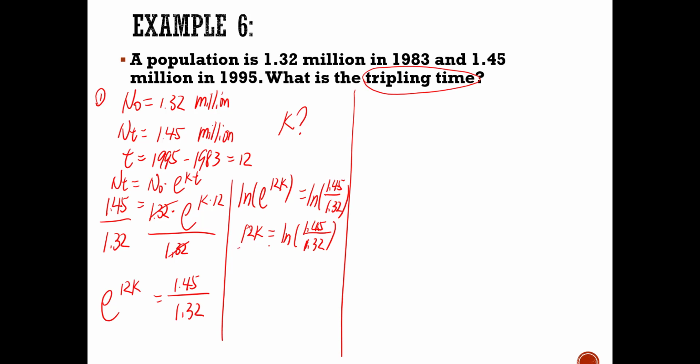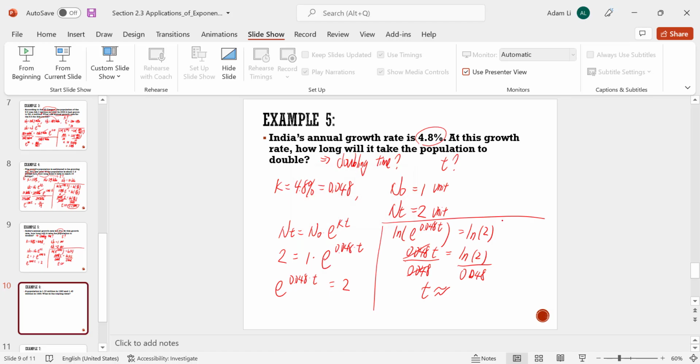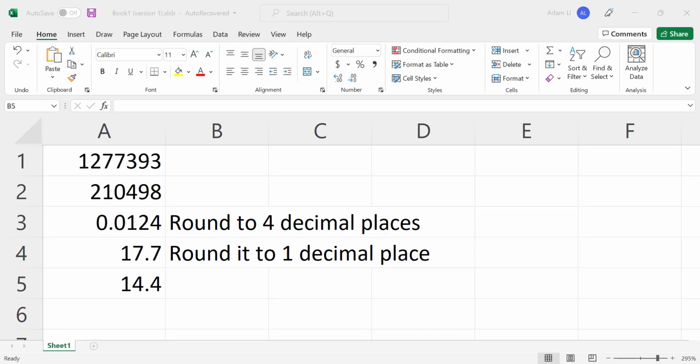Here we're dividing 12 from both sides of the equation, and we get k. And the important thing is, since k is not a final result yet, we're going to keep as many decimals as possible to make sure it's accurate when we figure out the tripling time. So this is important. Keep that in mind. Keep as many decimals as possible.